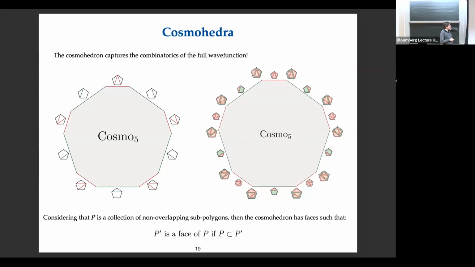And you can see one thing, if you decide to label them by chords, that this is really just like you're shaving the associahedron. Before, in the associahedron, a facet would just be labeled by a single chord, and a vertex would be labeled by a full triangulation. But here, we're labeling things in terms of levels of nested tubings.